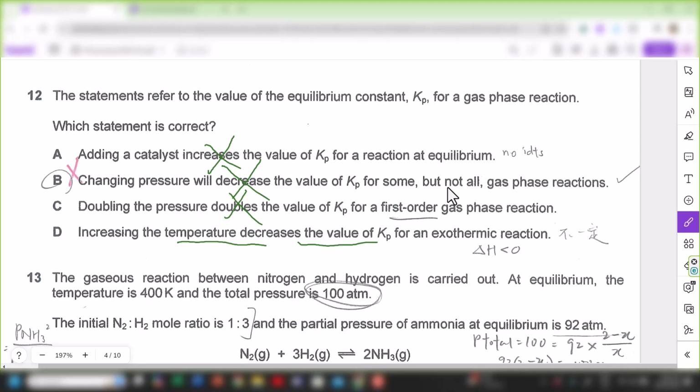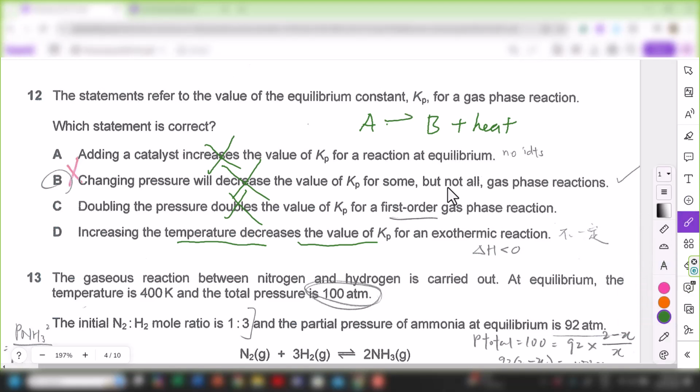Remember, let's say from A to B, if it's an exothermic reaction, heat is released. So if I increase the temperature, the position of equilibrium, before I talk further, let me just correct this.